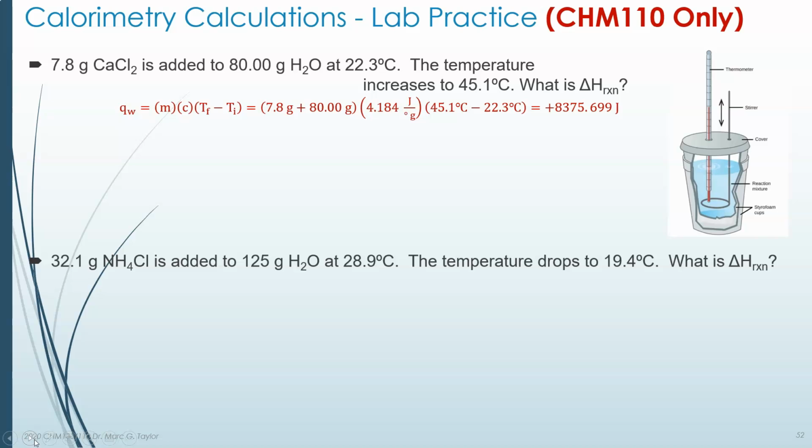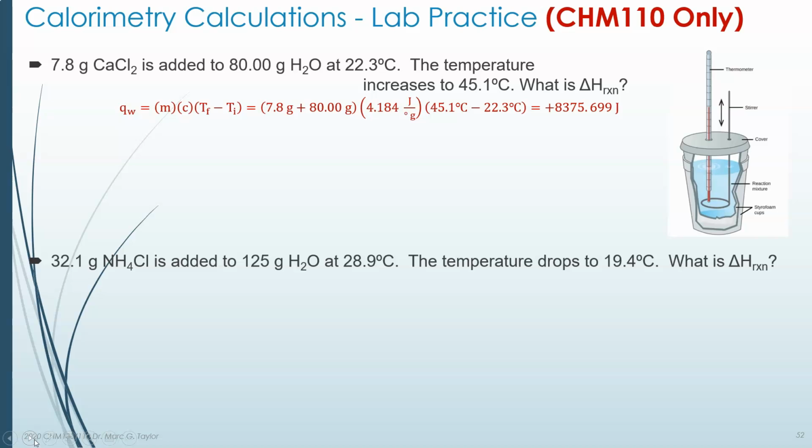And they are both changing in temperature from 22.3 to 45.1 degrees Celsius. And if you plug this into our famous Q equals MC delta T equation, we get that this reaction is releasing heat to the water in the amount of 8,375.699 joules of heat.